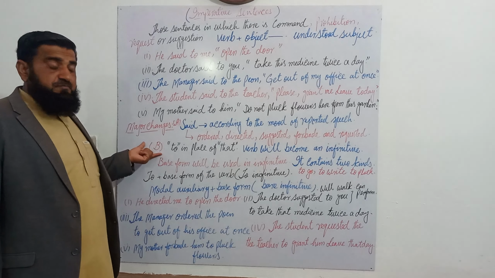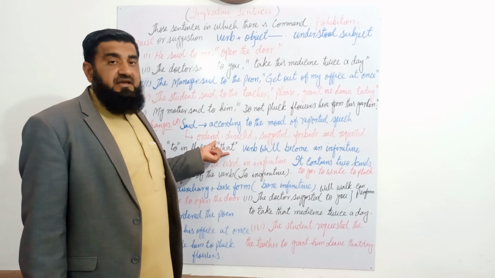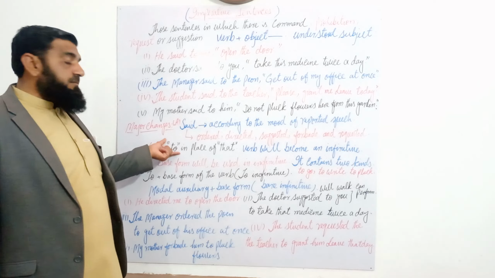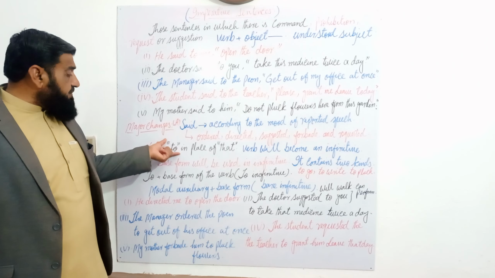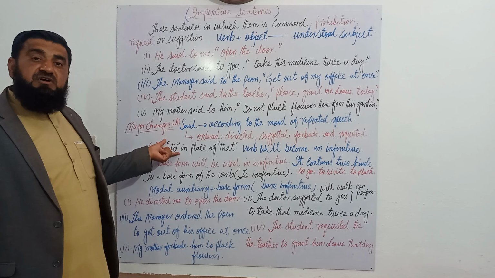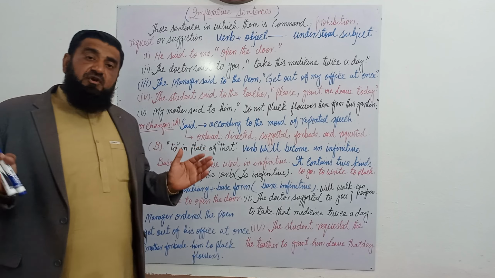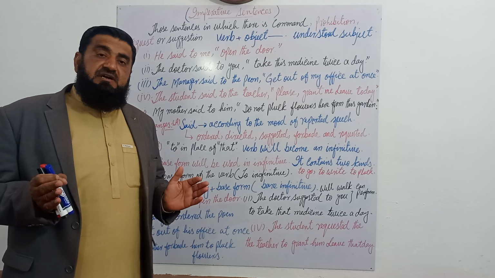The second change is that that will not be inserted here. So we will insert to in place of that. To will perform the function of a conjunction, relating the two parts of the sentence.